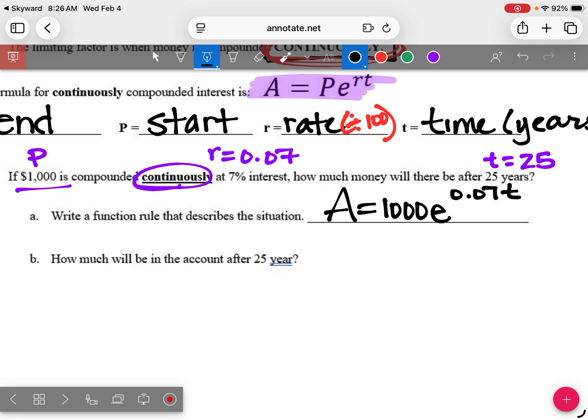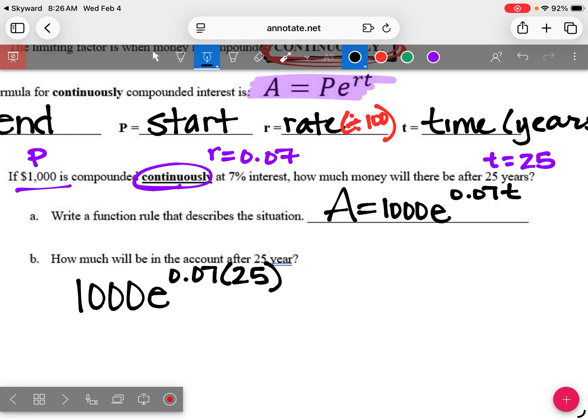Now we're going to pick up our calculators. It'll be 1,000 E to the power of 0.07 times 25. Go ahead and type that in. You should get a number over 5,000.